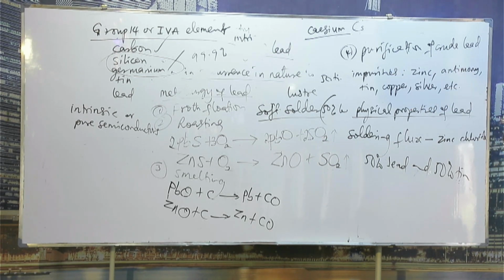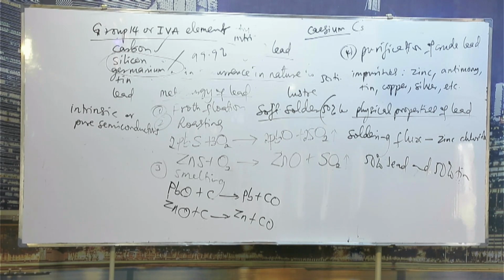What if the force holding the particles is too strong? It means you are going to need what? Much heat. That is thermal energy, right? To break them apart. But if the forces binding the particles are weak, do you need a lot of energy to break them or small energy to break them? Small energy, right?